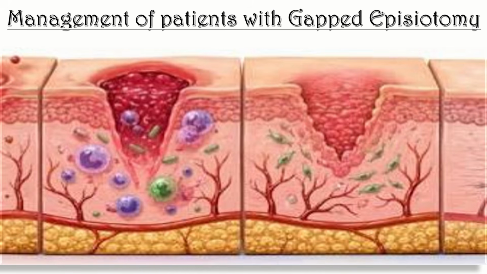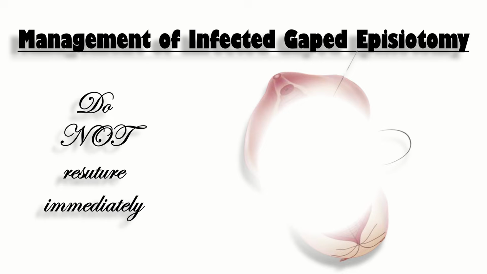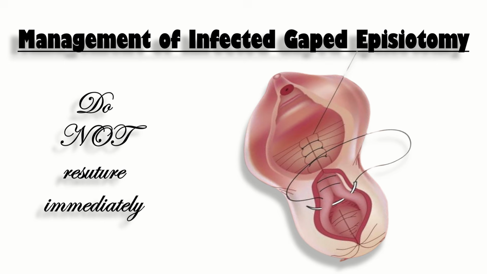Now, the management of patient with gaped episiotomy. The management depends on whether the wound is infected or clean. In case of infected gaped episiotomy, do not do the resuturing immediately.